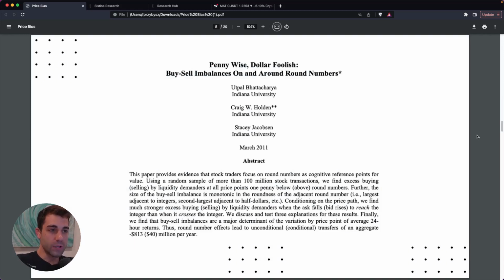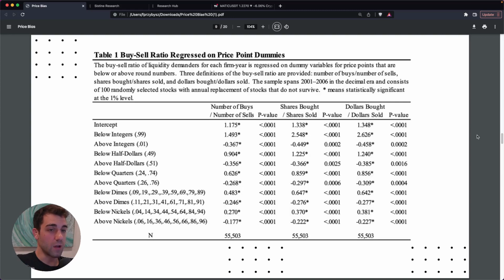But there's a really interesting research paper published in 2011, where they took a look at this across 100 million stock transactions, and they actually found that the buying behavior changed around even numbers. Above and below integers, above and below half dollars, and below and above quarters were the most statistically significant differences.